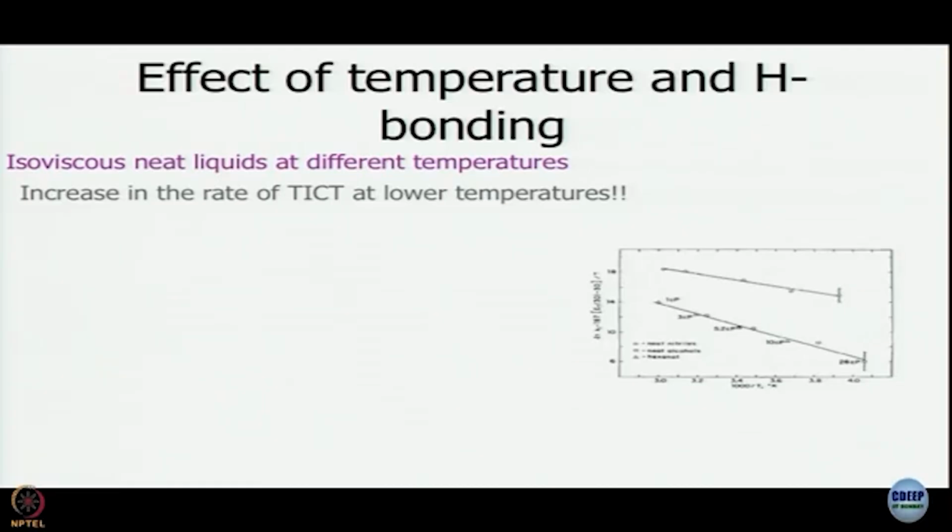So, solvent A at 25 degrees centigrade, solvent B at 35 degrees centigrade, solvent C at 45 degrees centigrade, and so on and so forth. The common factor is that at 25 degrees centigrade, whatever viscosity solvent A has is the viscosity of solvent C at 45 degrees centigrade. Okay. Isoviscous neat liquids at different temperatures.